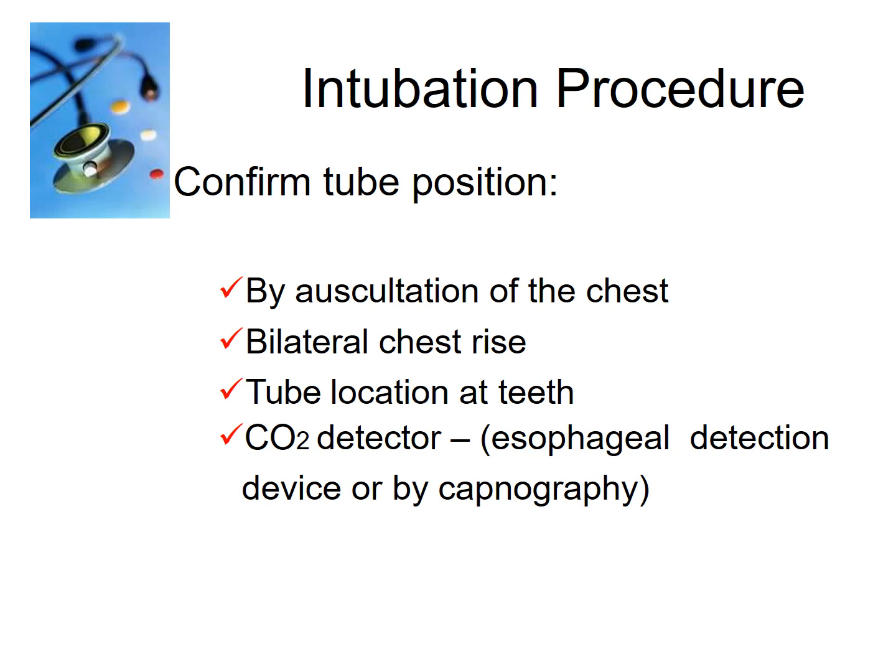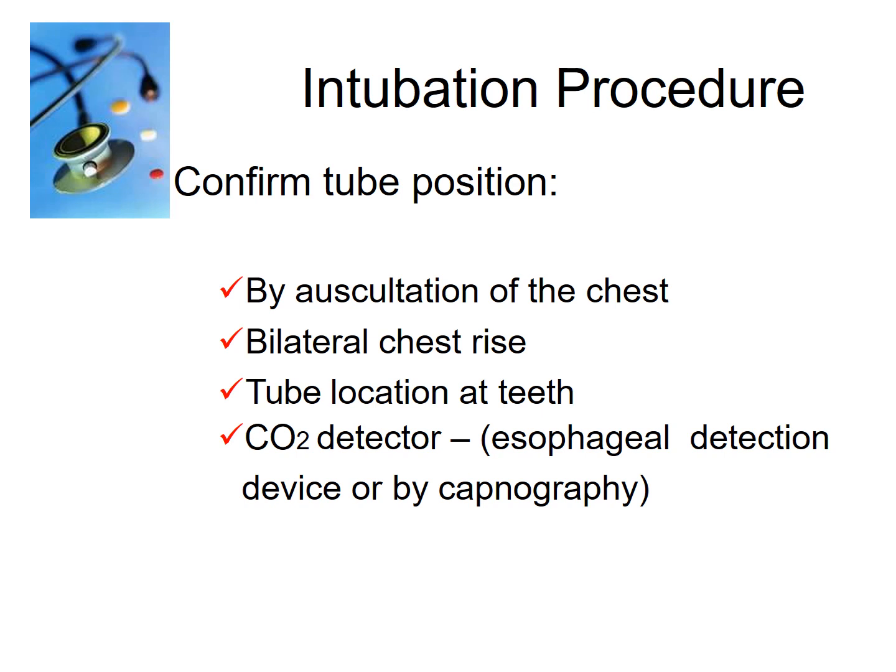Then confirm tube position. It may be by auscultation of the chest. Auscultate the chest, connect the ET tube to the AMBU bag and check whether the air entry is equal in both sides of the chest.